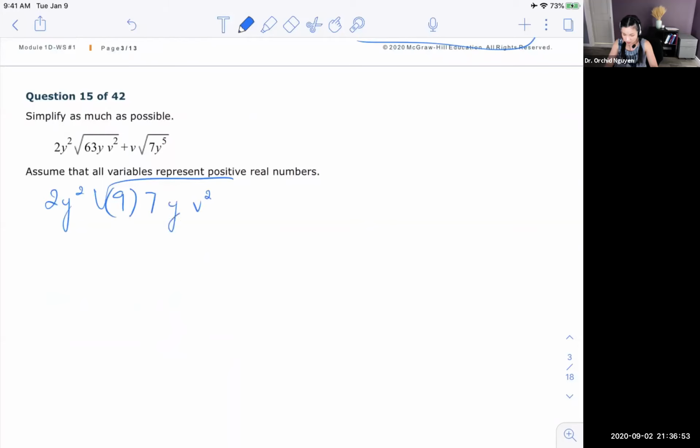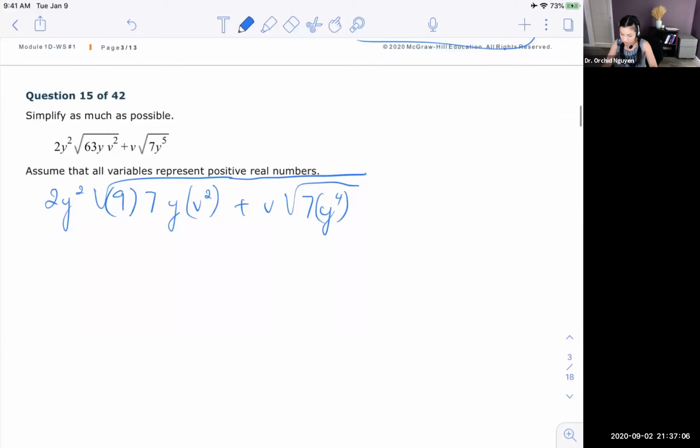y v squared. I'm going to put v squared in the parenthesis. 7y to the 4th in parenthesis. And y. Okay.